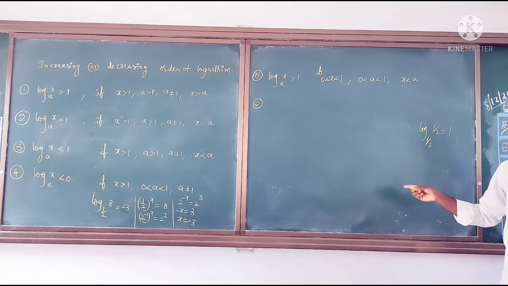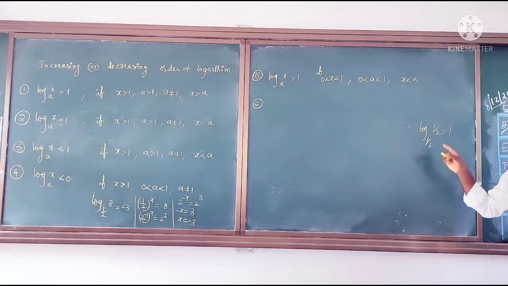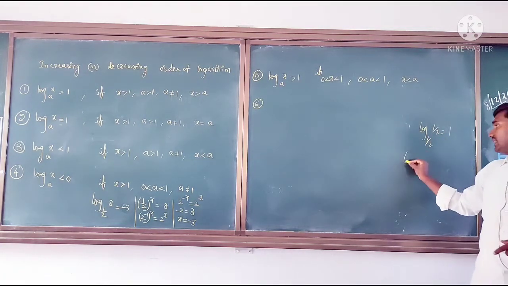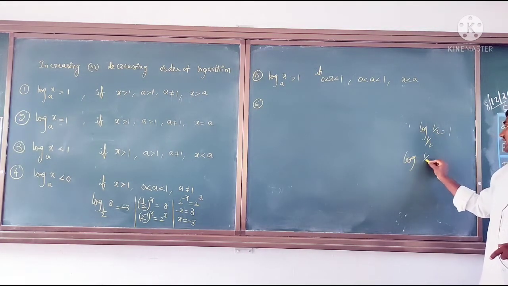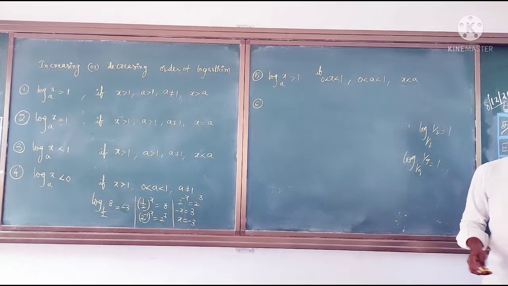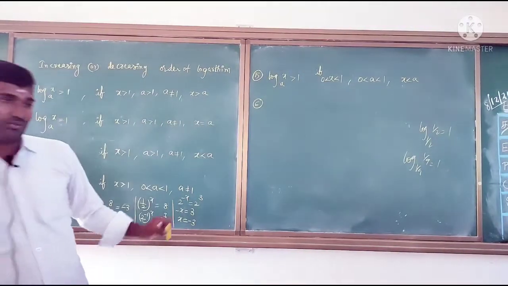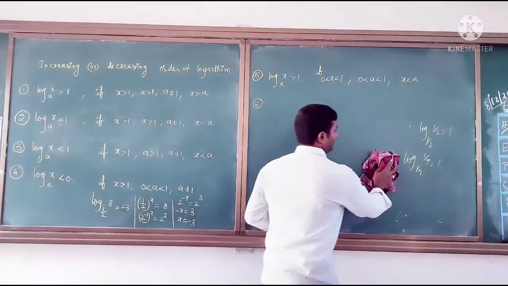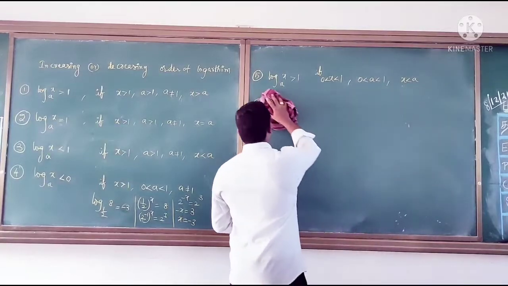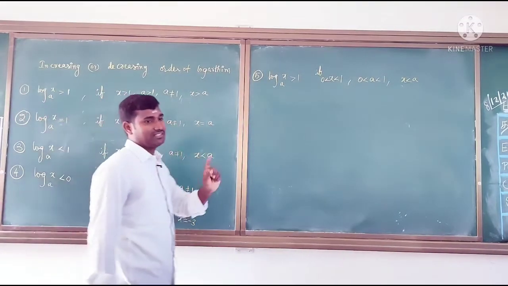Log 1 by 9 to the base 1 by 9 is 1 only. If number and base are the same, it equals 1. So no need to learn this formula; just remember that if the number and base are the same, it is always equal to 1 itself.